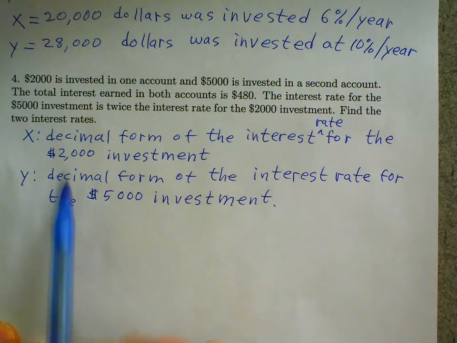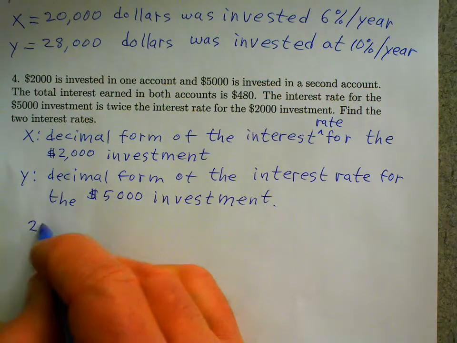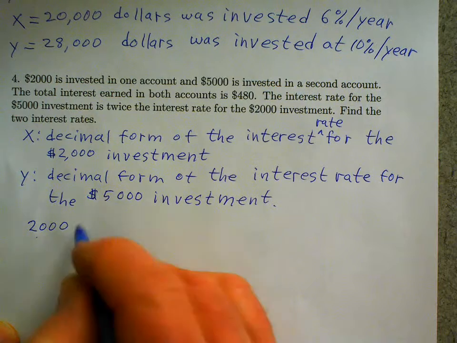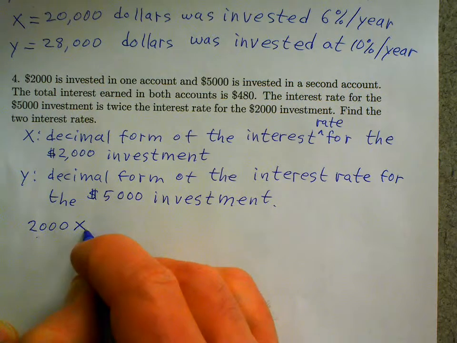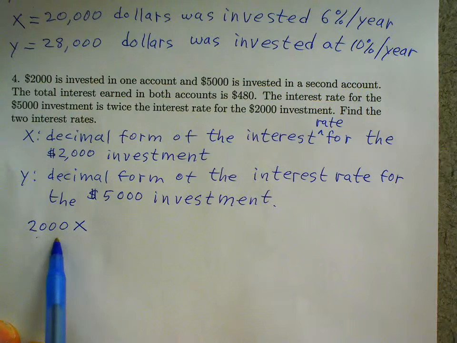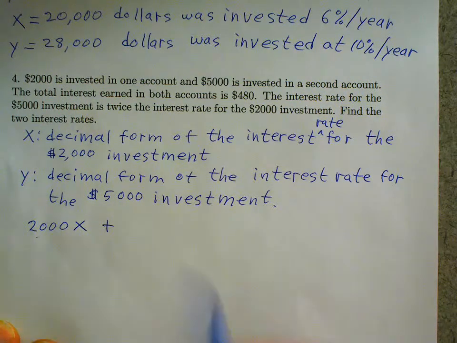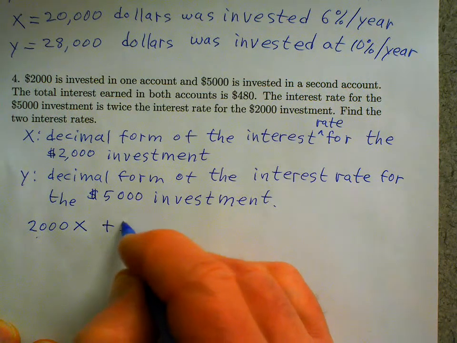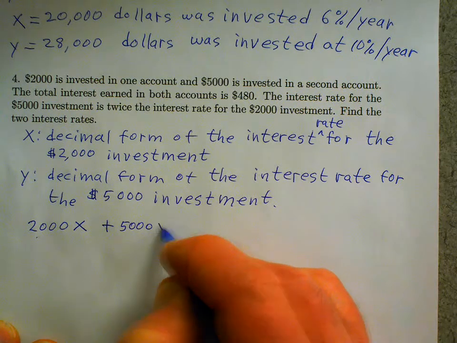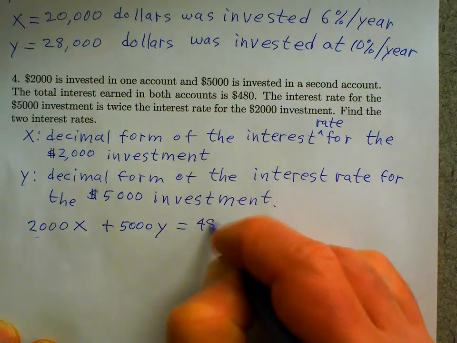So for the $2,000 investment, if we multiply $2,000 invested times the interest rate X, this represents the amount of interest that $2,000 earns if its interest rate is X. We add that to the interest that $5,000 earns if the interest rate is Y. And then the total interest in both accounts adds up to $480.